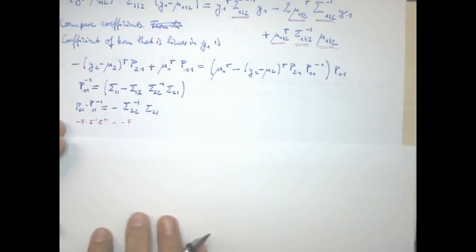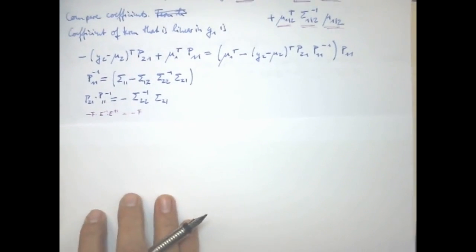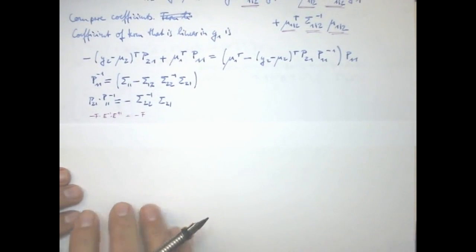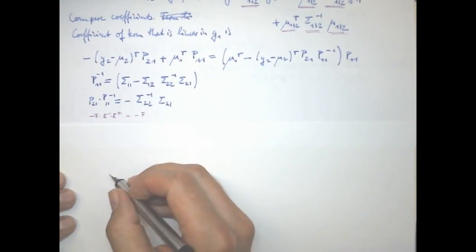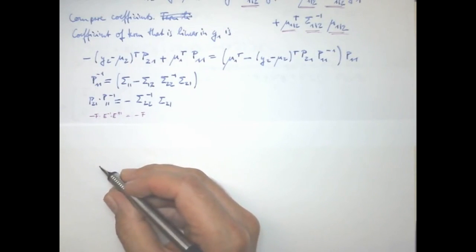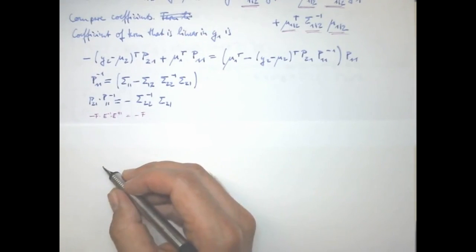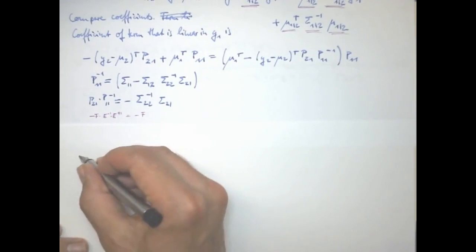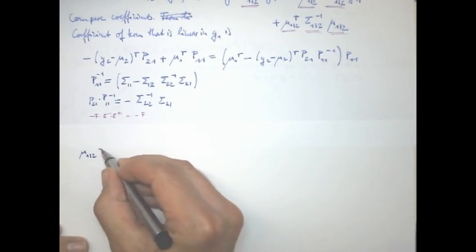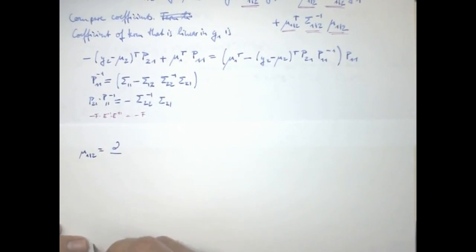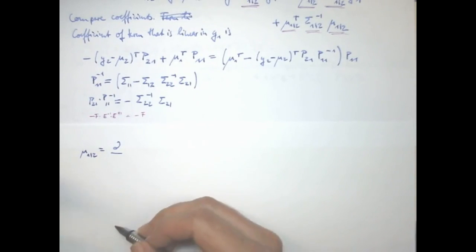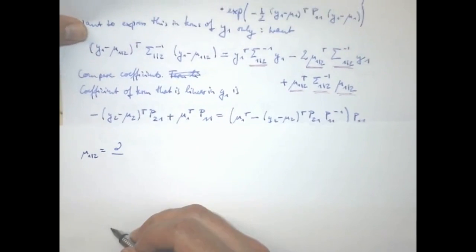You need to equate the first derivative because you need the stationary points of the Gaussian. Yes. And then you would say mu1,2 is equal to the first derivative of the exponent of the other Gaussian divided by epsilon 1.